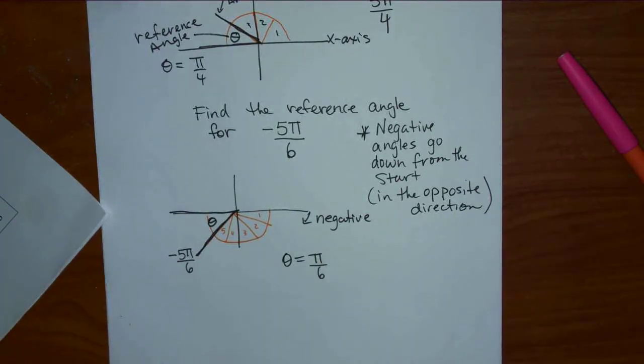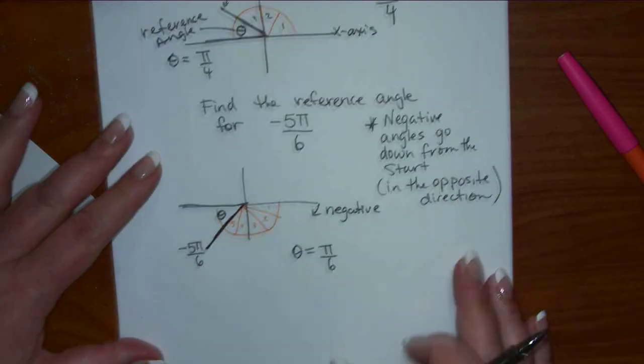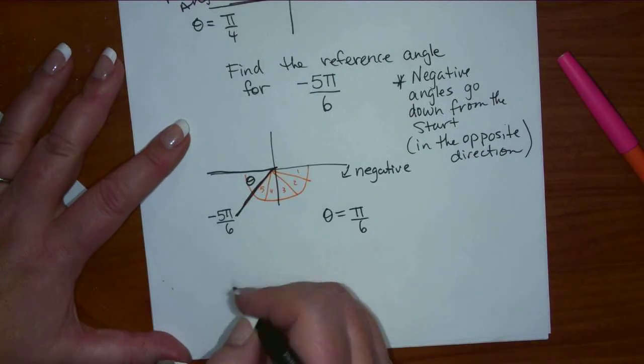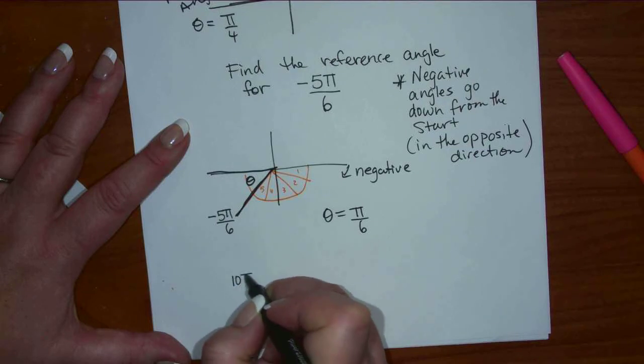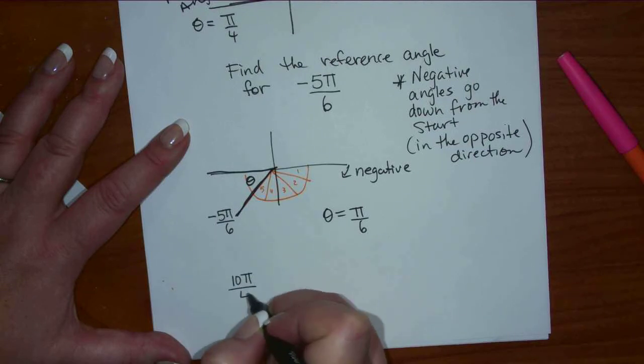Now, if the angle is a reduced fraction, it'll always just be whatever's on the bottom. If it's not reduced, it won't be. So, for example, say I said 10 pi over 4. That's not a reduced fraction.